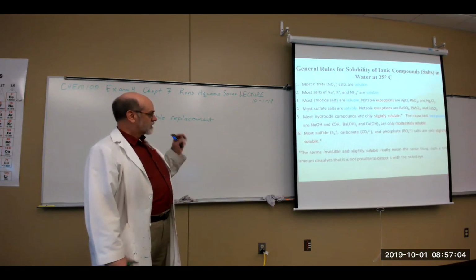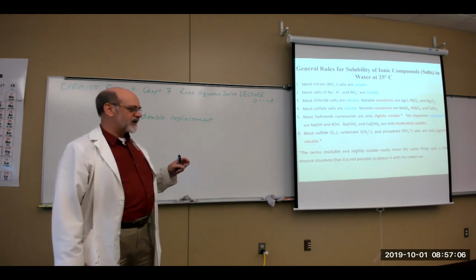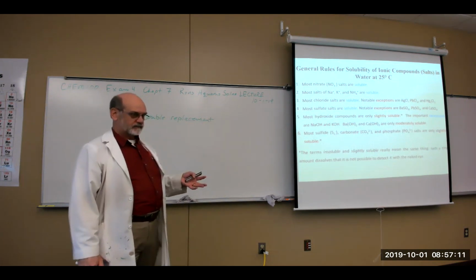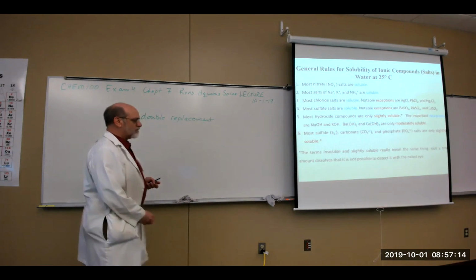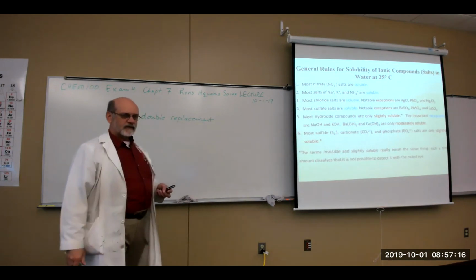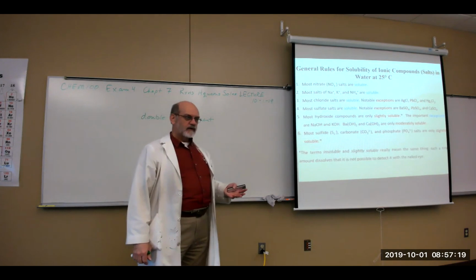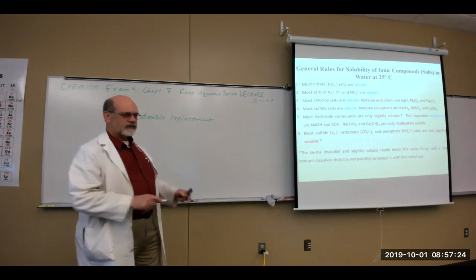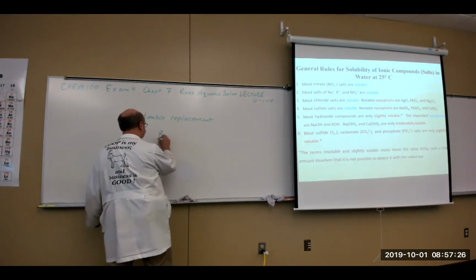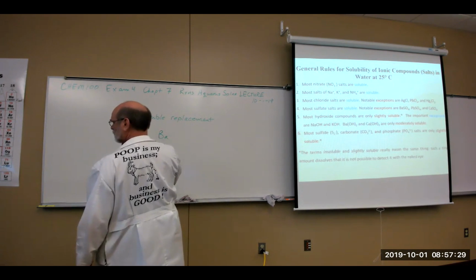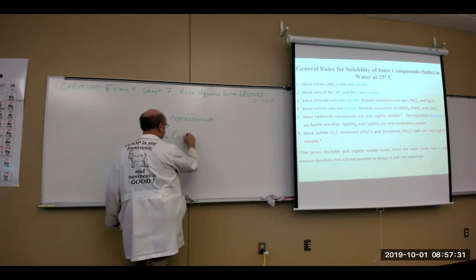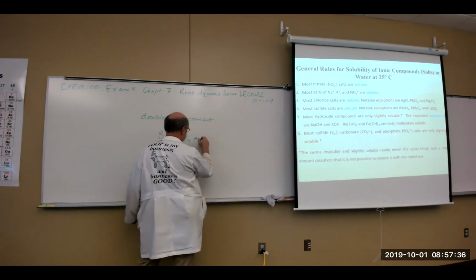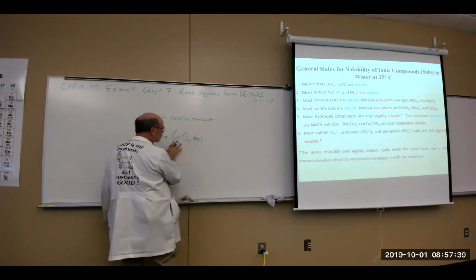Now, there is a distinction to be made between soluble, insoluble, and slightly soluble. Because most compounds in solution, even though we call them insoluble, they're really slightly soluble. In other words, barium chromate is insoluble.